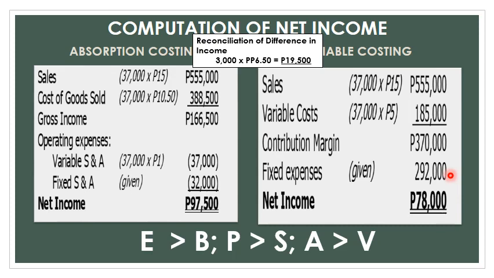Ano ba yan? 260,000 na fixed overhead at yung 32,000 na fixed selling and administrative expenses kaya naging 292,000. So, the total net income under the variable costing is 78,000 pesos, which is lower by 19,500 compared to the net income computed using absorption costing na 97,500.